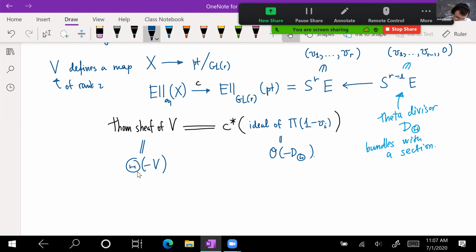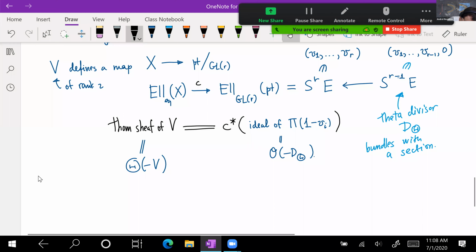So this is both a computation and a definition. The computation says we pull back a particular line bundle under this Chern class map, and then also we denote it by theta, which is just convenient.